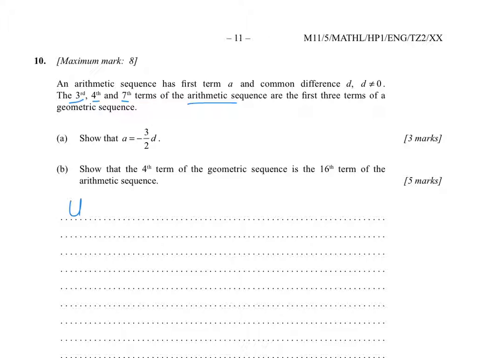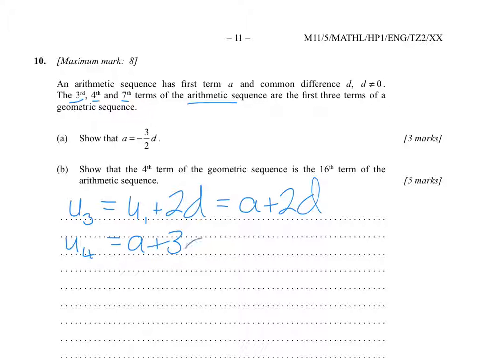So it's u3 is equal to u1 plus 2d, or a plus 2d in this case. u4 is equal to a plus 3d, and u7 is equal to a plus 6d.